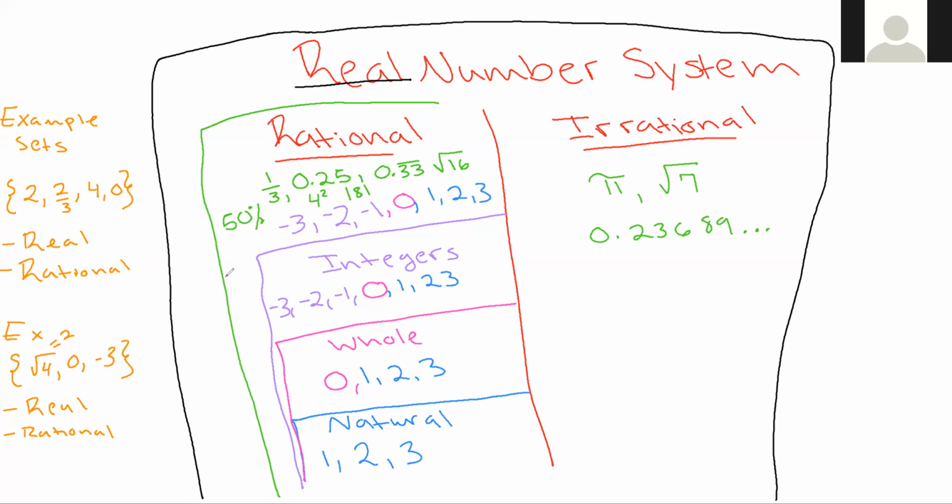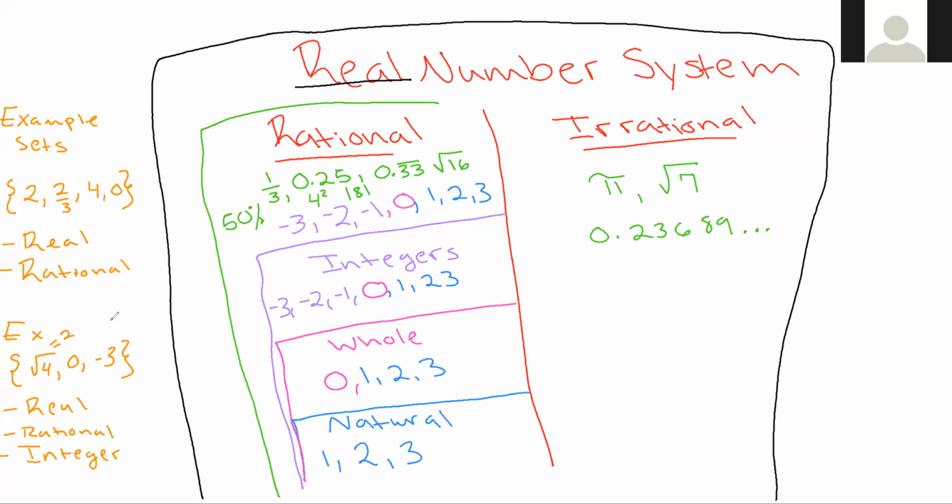So -3 is rational. It's an integer, but it's not a whole number. So therefore, all of them have in common that they're rational and that they're integers. So integers. They all fall in the integer subset.